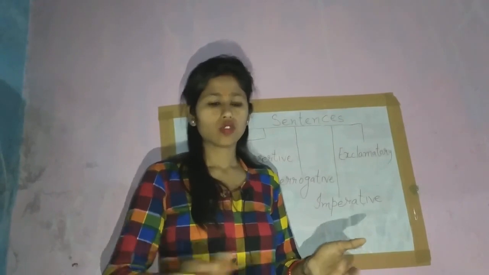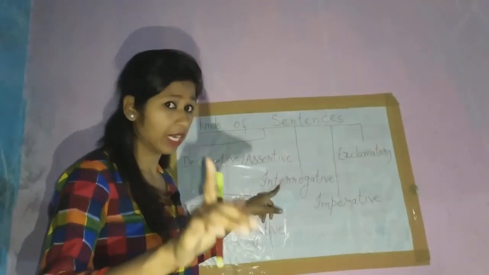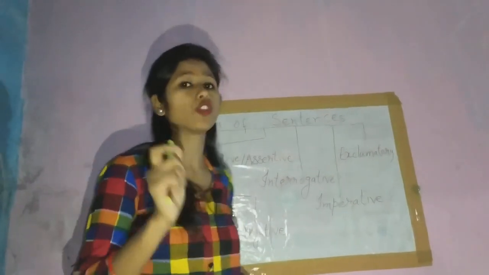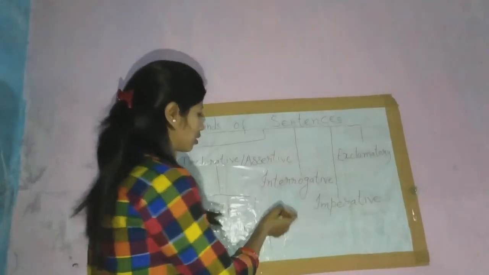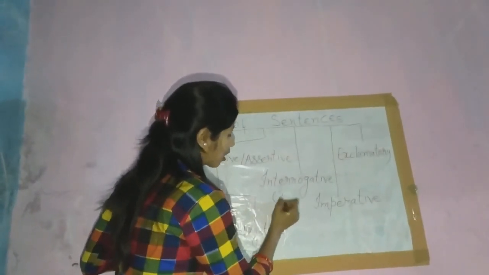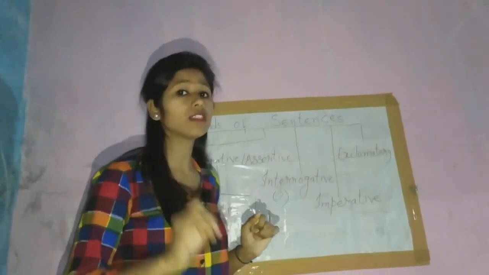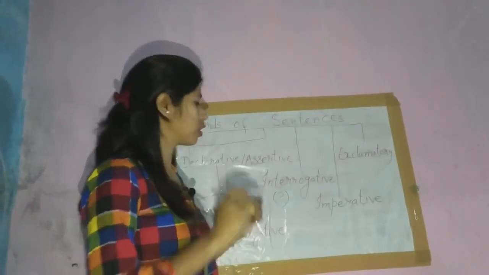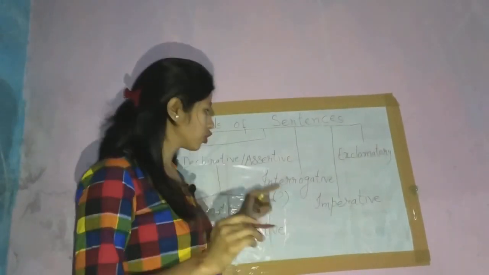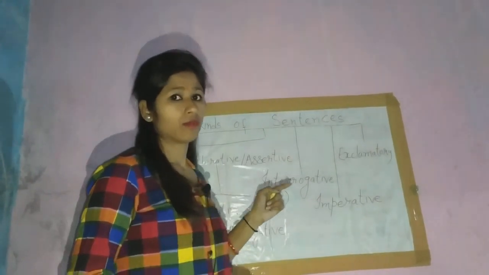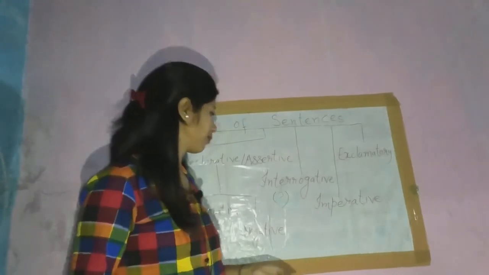All these are called interrogative sentences. But there is one more point to add. These sentences always end with a question mark. If there is no question mark at the end of such sentences which start with WH or question words, that cannot be said to be an interrogative sentence. They can be of some other kind. So we must remember it.